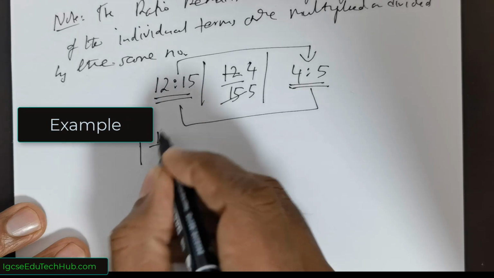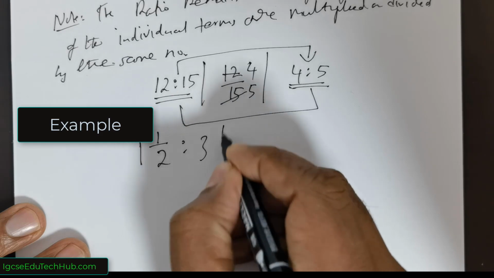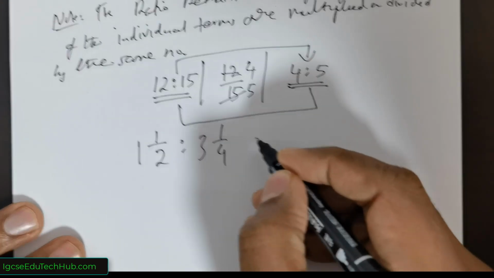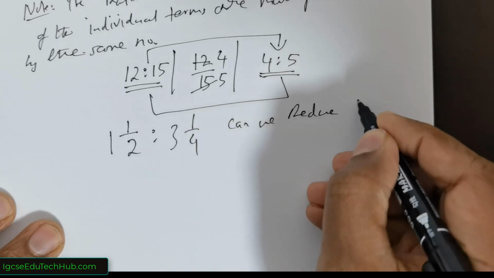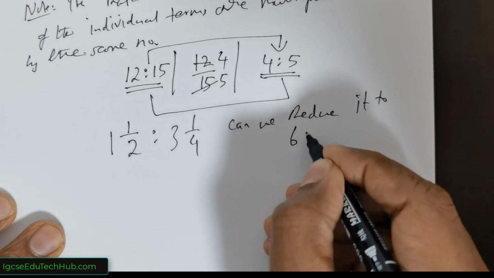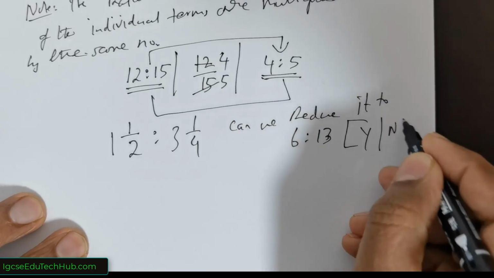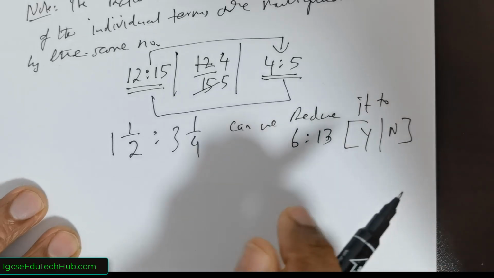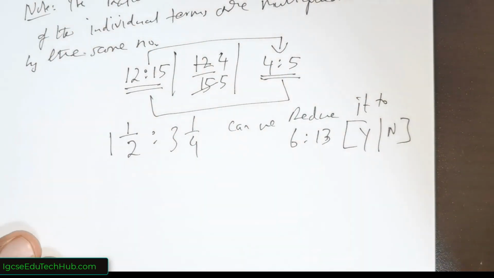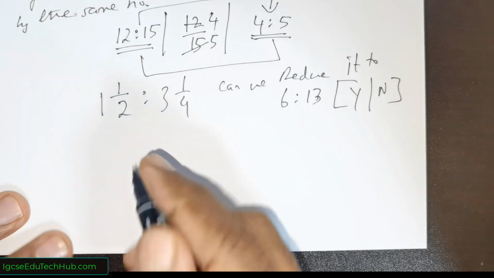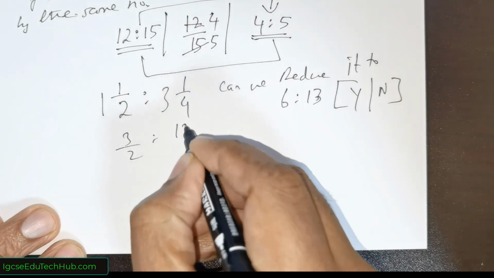Having mentioned that, let me give you this illustration. Can 1 1/2 is to 3 1/4 be reduced to 6 over 13? Can your answer be yes or no? Tell me. I'm going to demonstrate to you. 1 1/2 is 3 over 2, and 3 1/4 is 13 over 4.